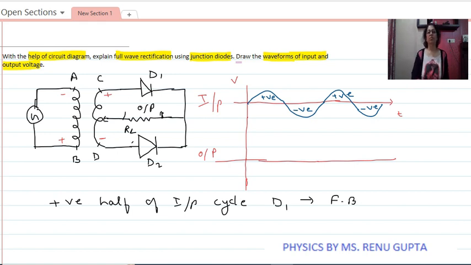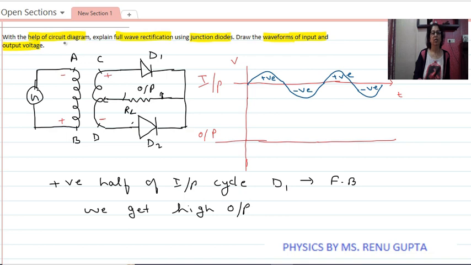When the diode is forward biased, we get high output. Means from D1 we get high output, but what about D2? The P region of diode D2 is connected with the negative terminal, so it will get reverse bias.